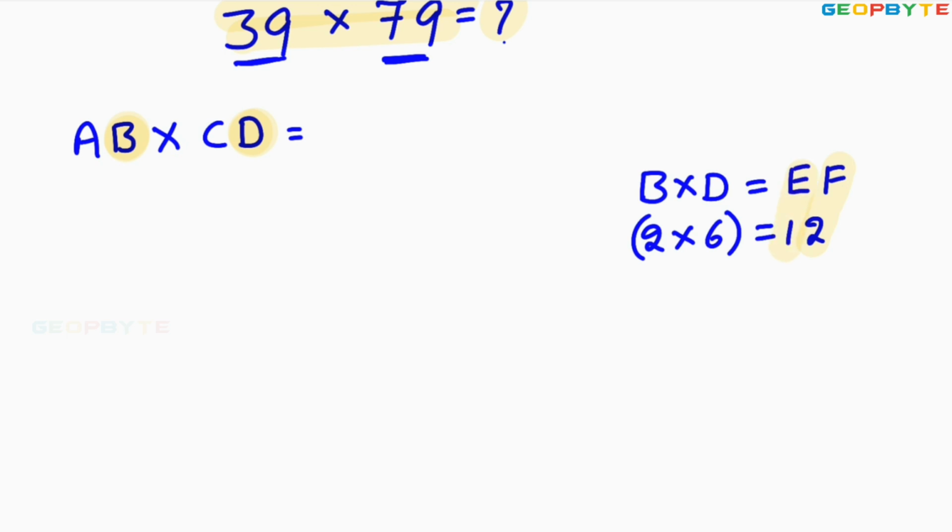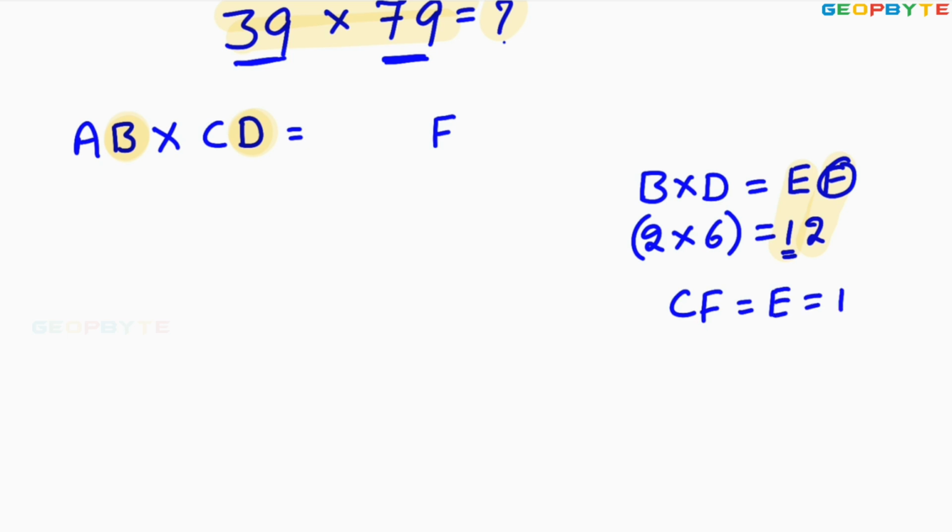Now you write the F value here first. That F value is 2. Then this E is coming under carry forward. Carry forward equal to E. In our example, that is equal to 1.